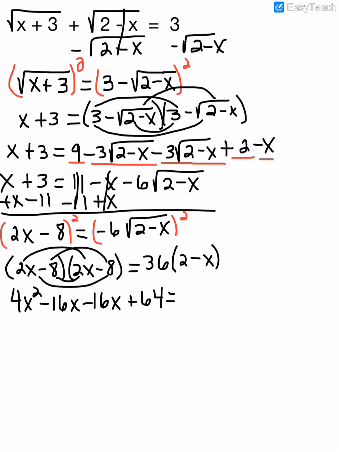And then over here on the other side, I would distribute that 36. That gives me 72 minus 36x. So if I combine like terms, I have 4x squared minus 32x plus.